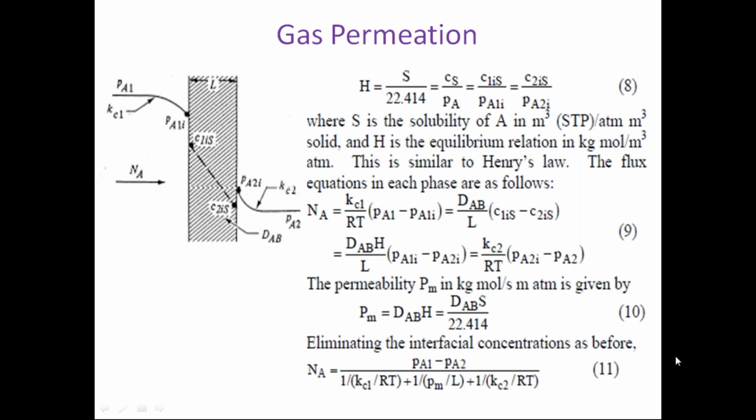One phase is the feed phase and the other phase is the permeate phase on the other side, and there will be a concentration difference. In the case of gas, you can find the partial pressure difference in both phases, on both sides of the membrane, and also within the membrane.